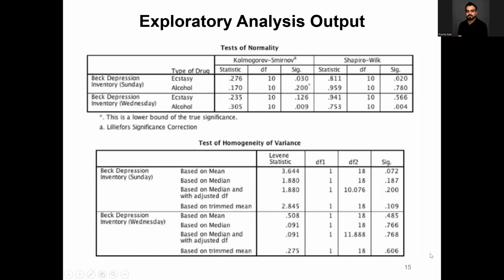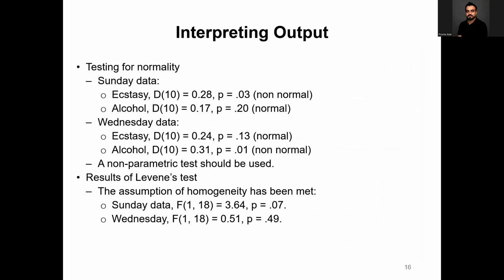So here is the testing for normality. Alcohol is normal, but ecstasy is not normal for Sunday data. For Wednesday data, it's the other way around: alcohol is not normal, but ecstasy is normal. So a non-parametric test should be used here because the assumption of normality is not met.